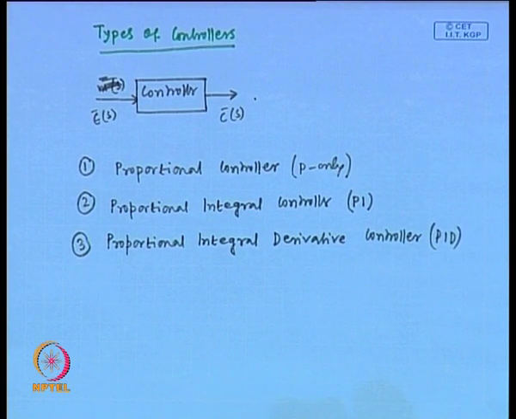Fine. These are the basic feedback controllers and we will discuss one by one.